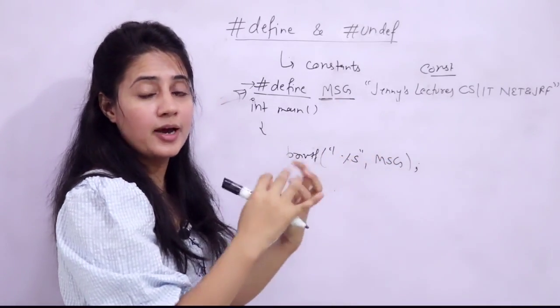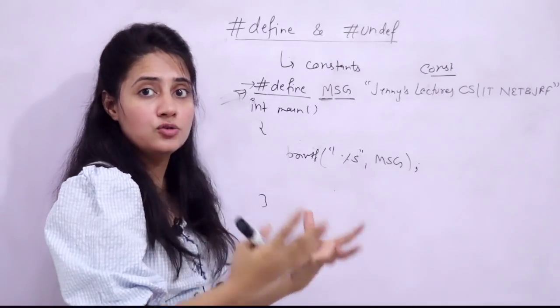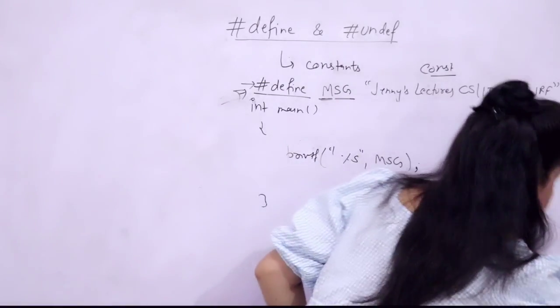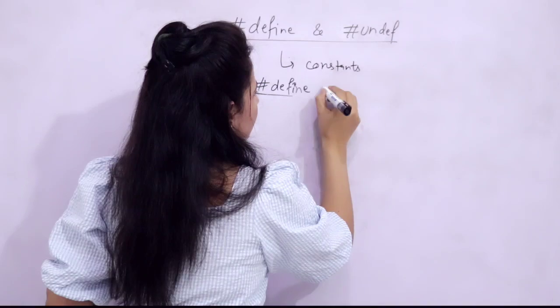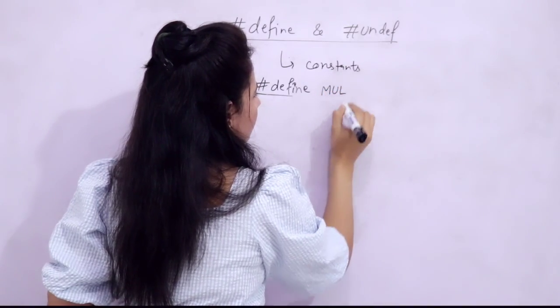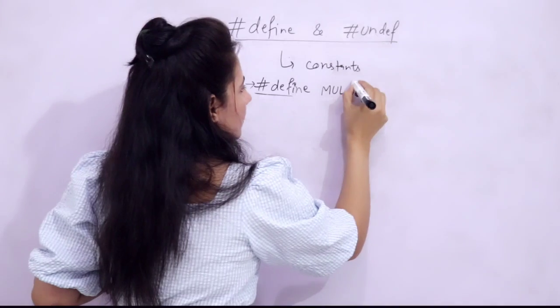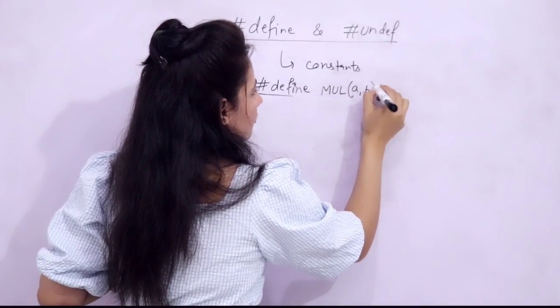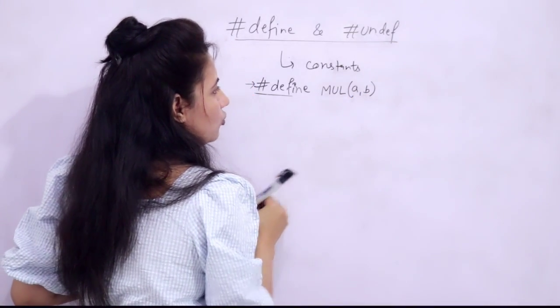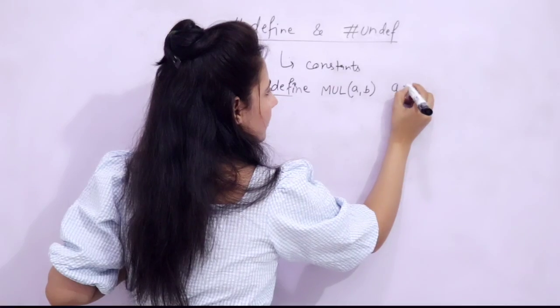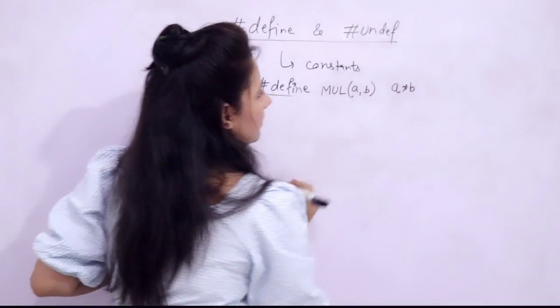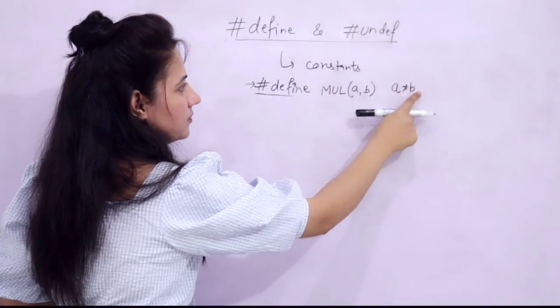Another thing is you can also define function macros. Macros sometimes act like functions also. Now how can you do that? Suppose I want to define a function for multiplication, MUL, and a and b are the two variables I am going to pass, and I define it as a into b. That's it, no semicolon here, remember this.